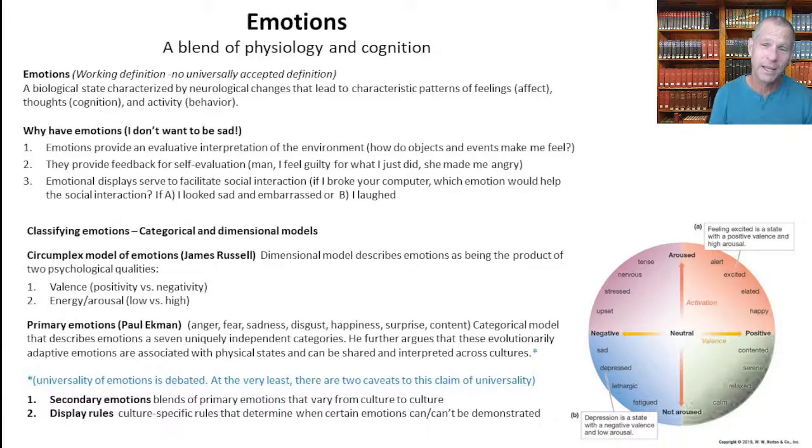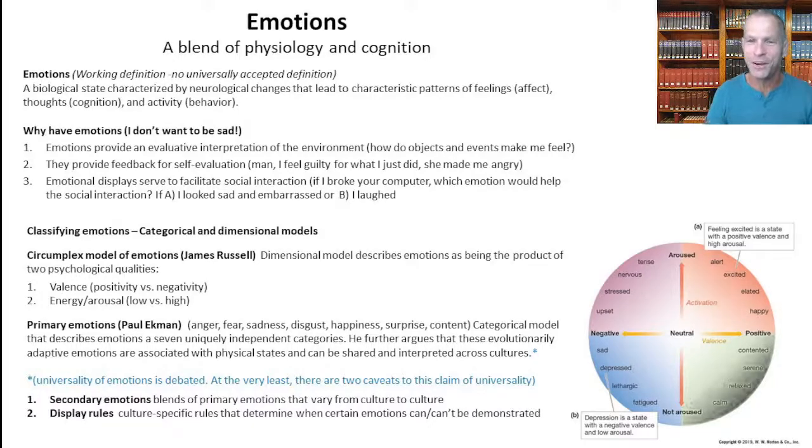So he said, really, if you wanted to use a model to sort of define how all interactions were, you could think about all emotions as being composed of two qualities: a level of arousal and a level of positivity. And so you can see that happy and excited are positive and aroused emotions.